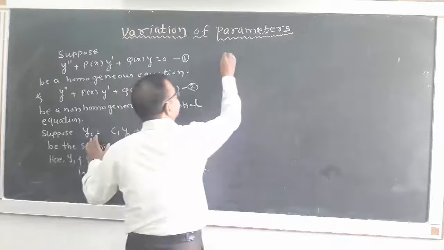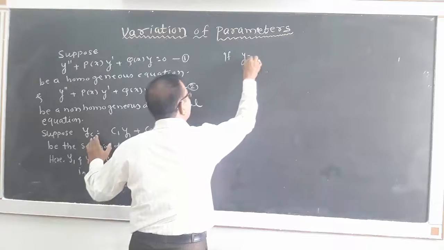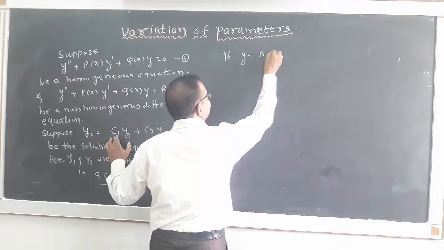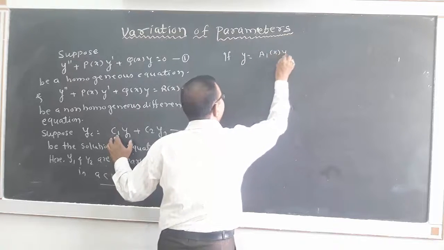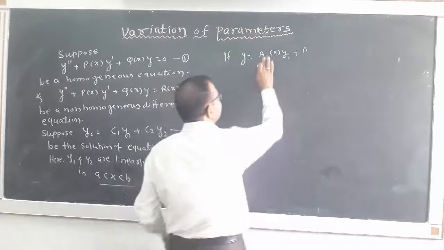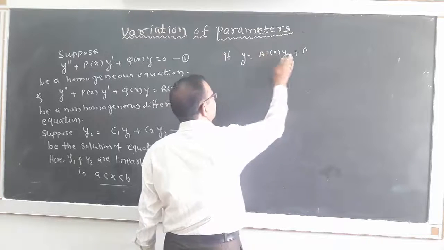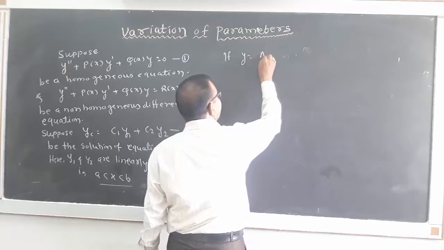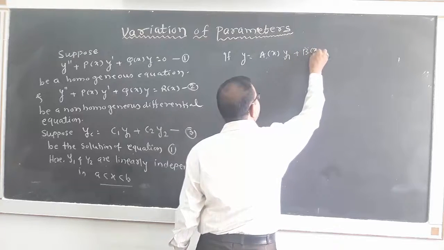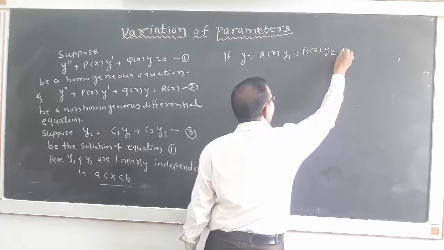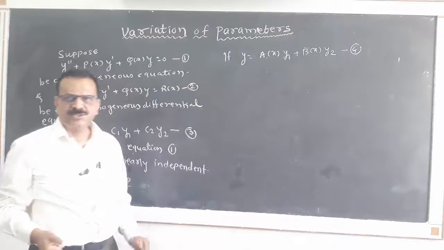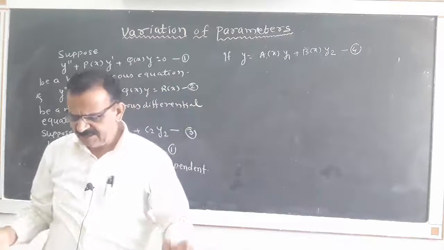Therefore, instead of c1 we will write a(x), and instead of c2 we write b(x), so y equal to a(x) y1 plus b(x) y2. We shall consider this as a solution of the non-homogeneous differential equation.